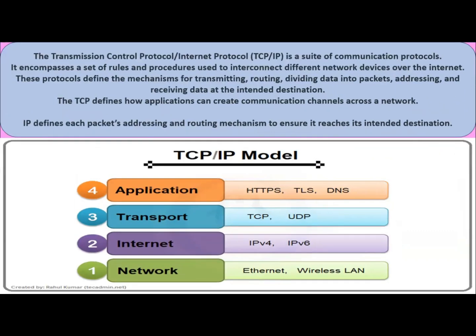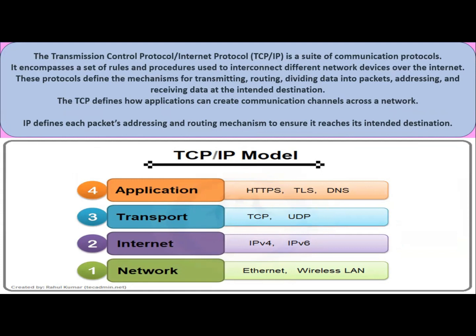Now, furthermore, the Transmission Control Protocol, the TCP, and Internet Protocol, is a suite of communication protocols. It encompasses the set of rules and procedures used to interconnect different network devices over the internet. These protocols define the mechanism for transmitting, routing, dividing data into packets. Remember, I told you that data is divided into what?